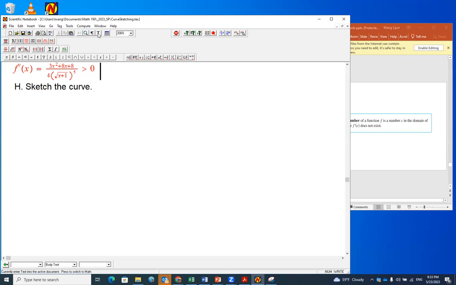But of course, we are only concerned with x larger than -1, which is relevant to us, right? Therefore, the entire curve f is concave up in its domain. Is there any point of inflection? No points of inflection.